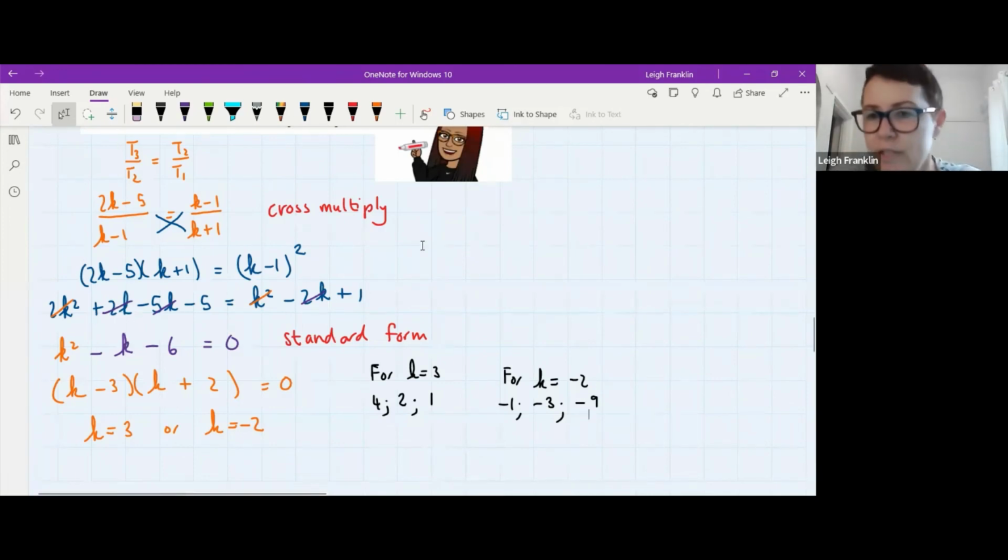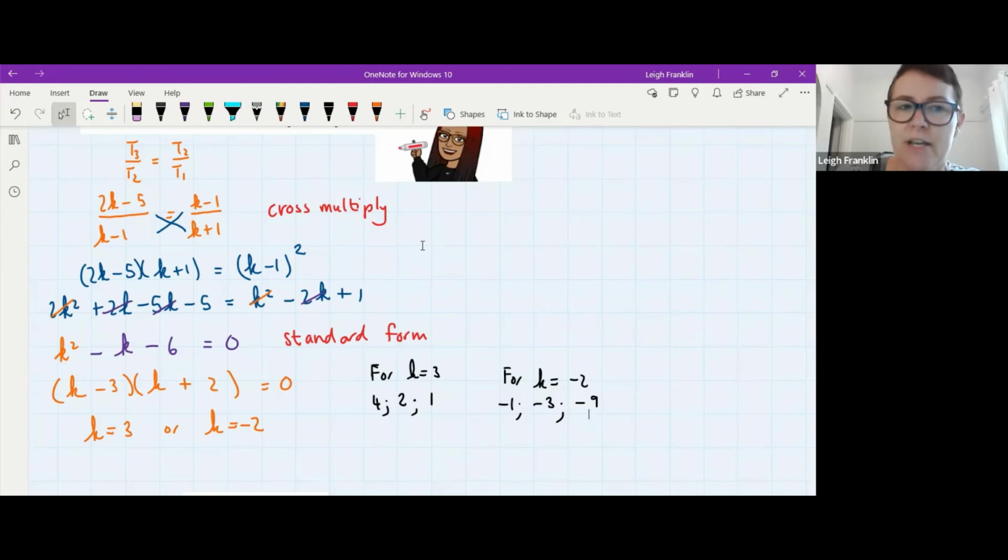Okay, so Kosecho says, since k is equal to -2, doesn't it make it not applicable? Kosecho, it could in certain circumstances, but it depends on the question. Just because we get a negative answer doesn't mean that our answer is invalid. There are certain times when our answer would be invalid because it was negative.